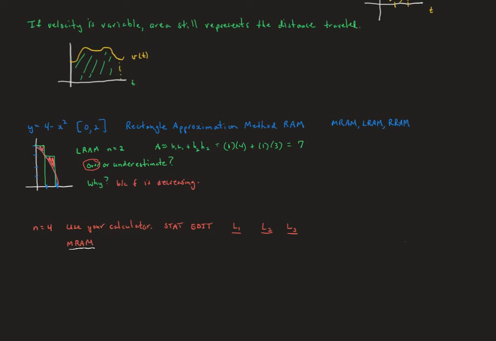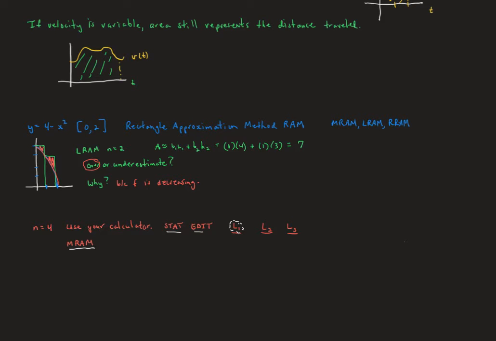Hit Stat, and then Edit, and you should be looking at a screen that has L1, L2, and L3 at the top. If you have other junk in there, just up arrow until you're up above here. That's called the formula bar. Then hit clear and enter, and that should wipe the slate clean.